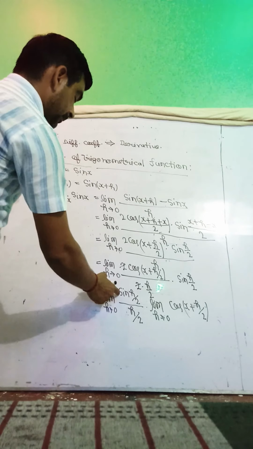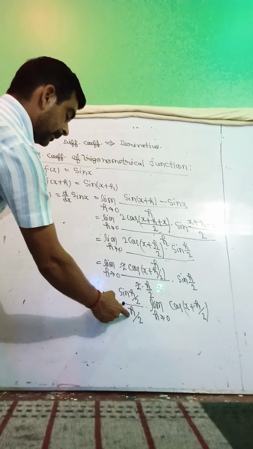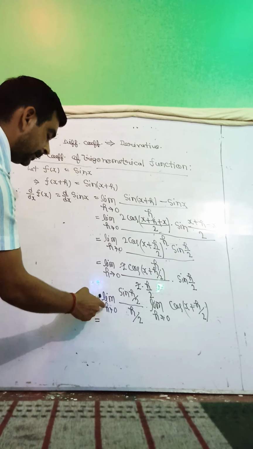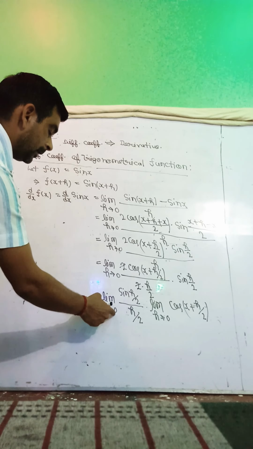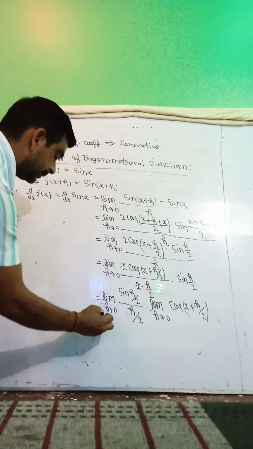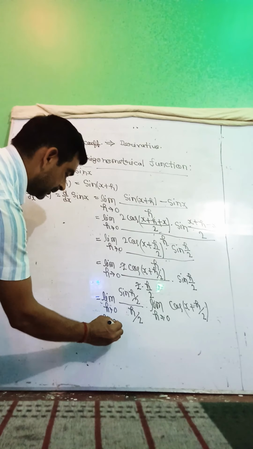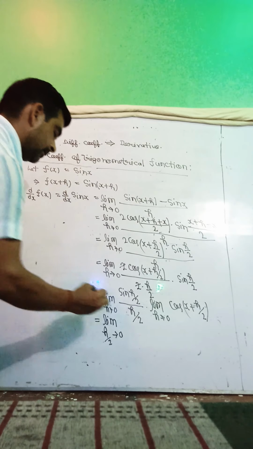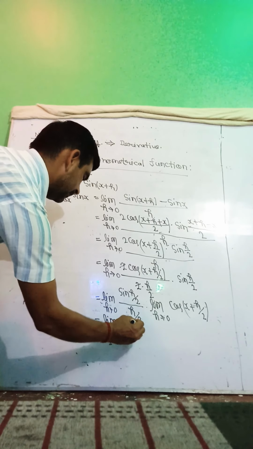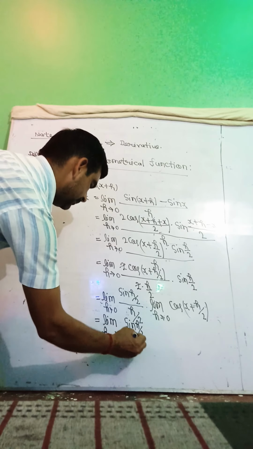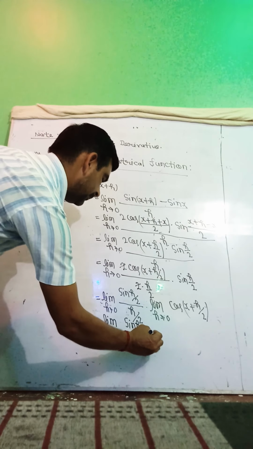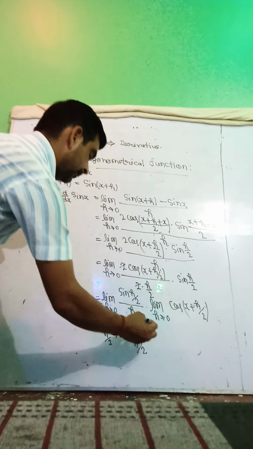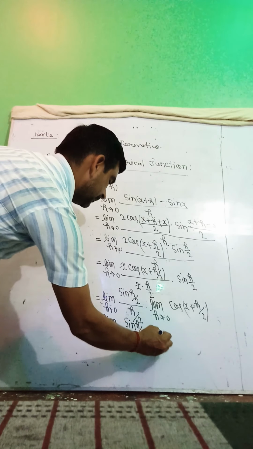Here we use limit theta tends to 0, sin theta by theta equals 1. If h tends to 0, then h/2 also tends to 0. So limit h/2 tends to 0, sin(h/2) divided by h/2, into, applying h tends to 0, we may write cos x.